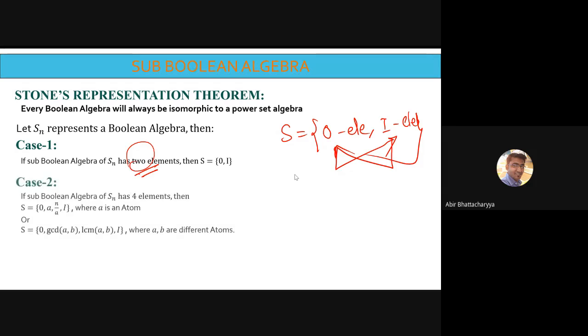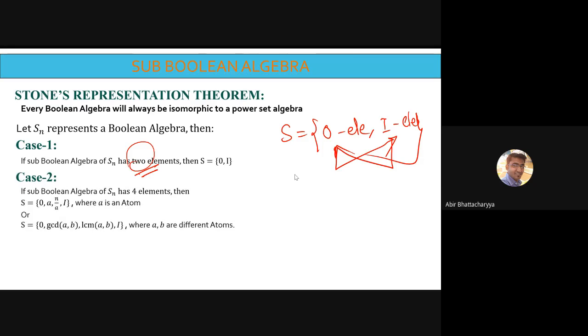Case number 2 has 4 elements in the sub-Booleans. Let's say it can be represented as 0, a, n by a, I. What is this a? A means the atoms, the number of atoms of this Boolean algebra.